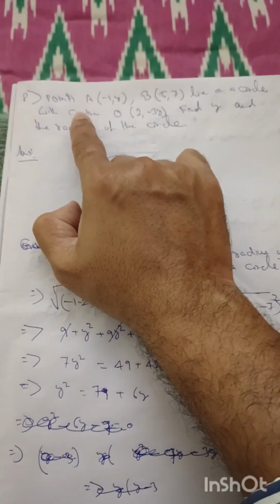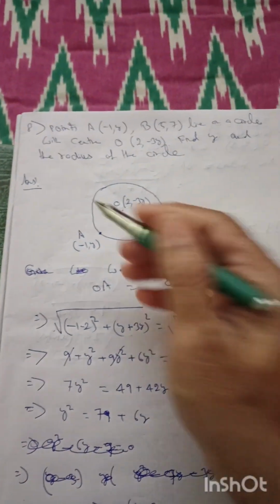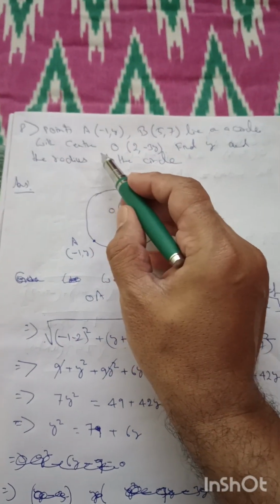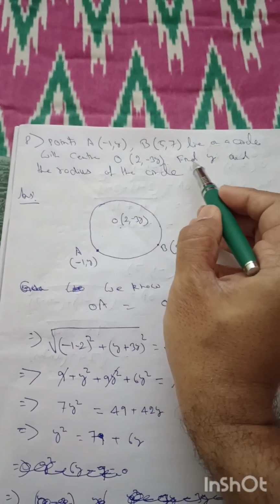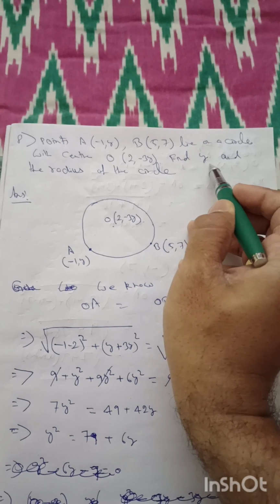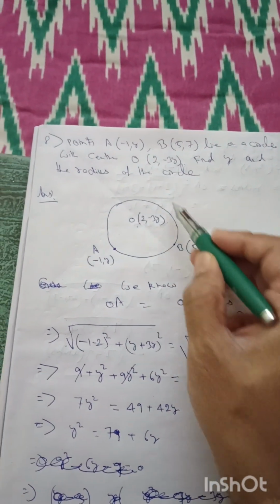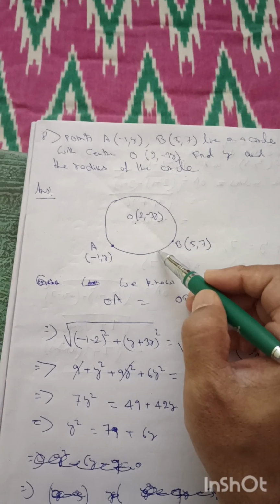The next sum here is: points A, B lie on a circle with center O. Find y and the radius of the circle. Now first we draw a diagram.